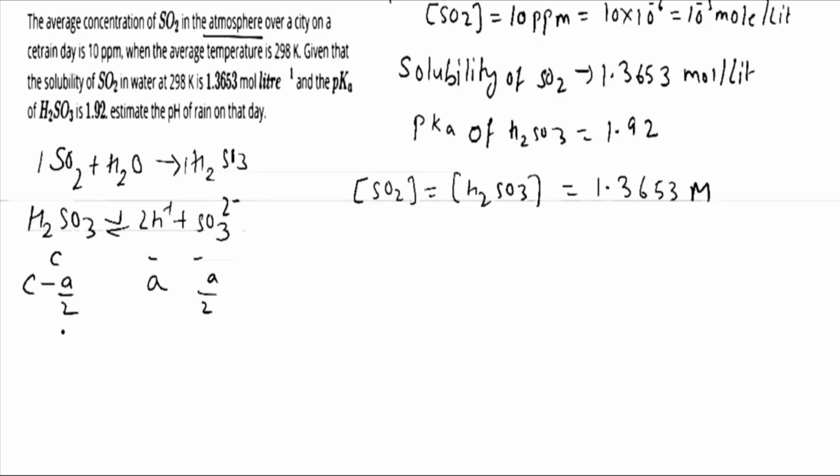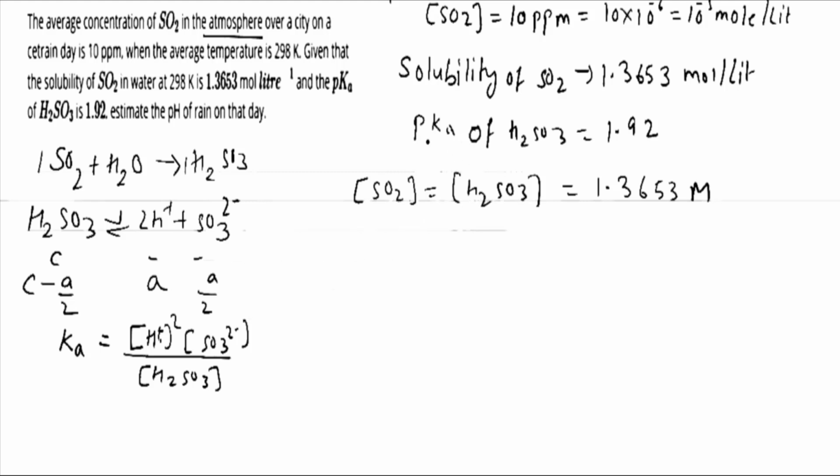So we can write for this the K value, or Ka, will be equal to the product of the concentration of the products, that is H plus whole square multiplied by SO3 2 minus, divided by the concentration of the reactant, that is H2SO3.